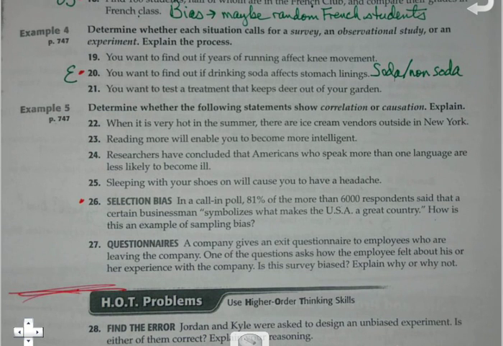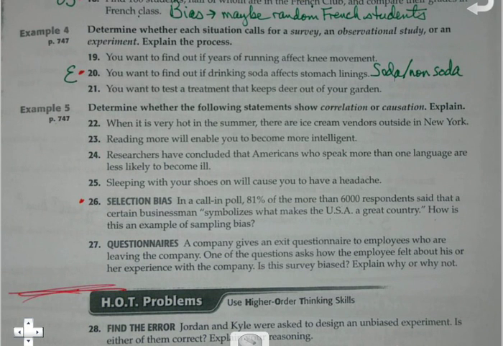So selection bias. In a call-in poll, 81% of more than 6,000 respondents said that a certain businessman symbolizes what makes the USA a great country. How is this an example of sampling bias?